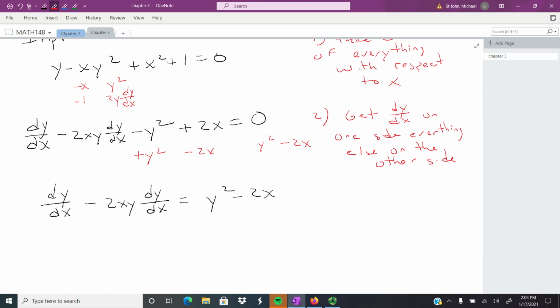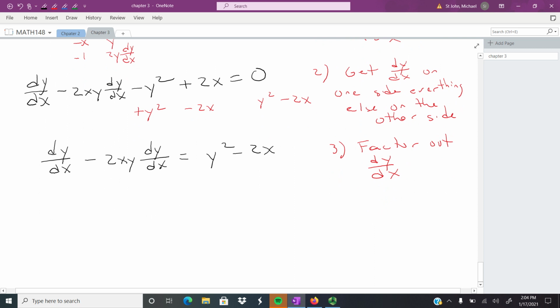Next thing we're going to do, step 3, factor out dy dx. So when I do that, this is going to give me dy dx times 1 minus 2xy equals y squared minus 2x. And then the last thing, step 4, solve for dy dx.